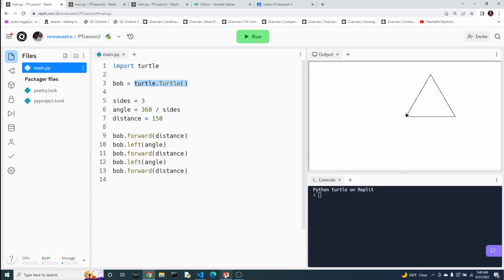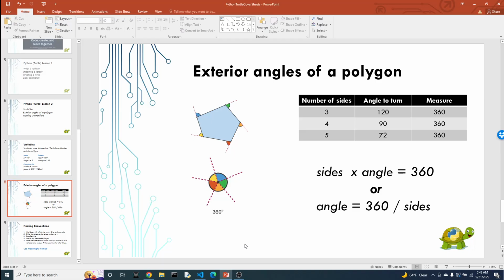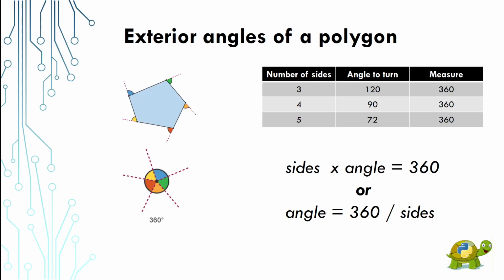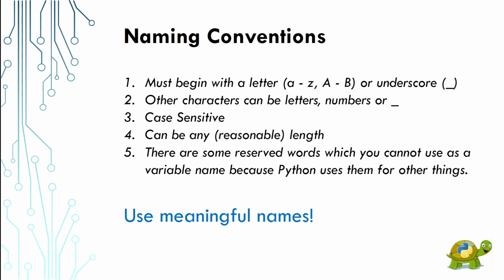Let's go back to our presentation, and let's review some rules we have to adhere to when creating variable names. The first thing is that it has to start with a letter, whether it's lowercase, uppercase, or the underscore. The underscore is the only other character that's allowed in a variable name.